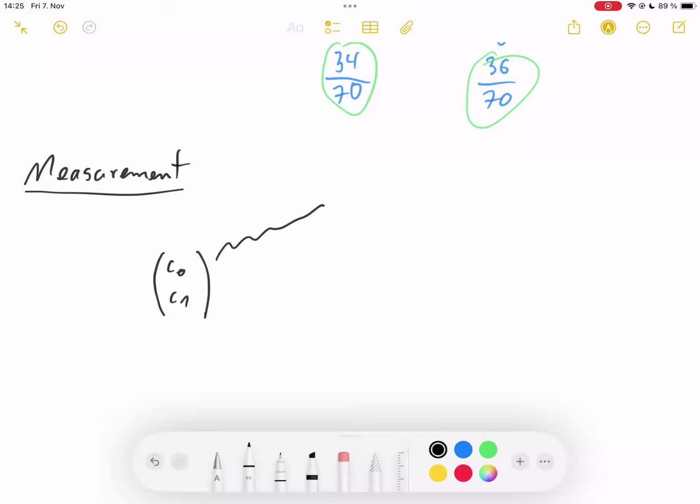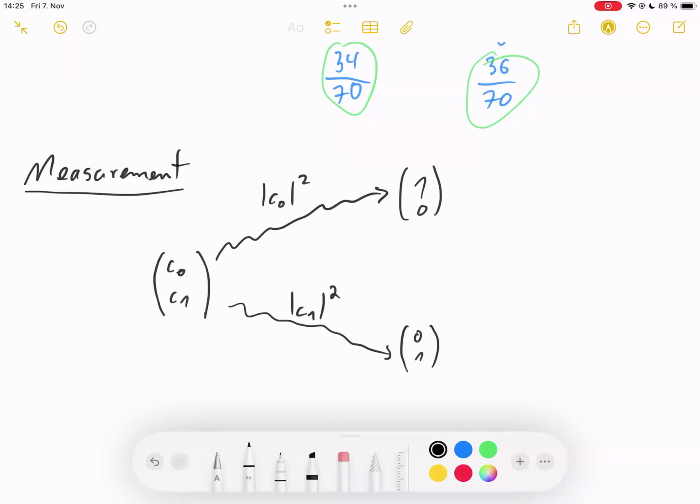When I measure it, it would be either observed in the 1-0, which is the 0 ket, and we use this wiggly line for measurements, or in 0-1, which is the 1 ket, and the measurement probabilities here are just C0 modulus squared and C1 modulus squared.